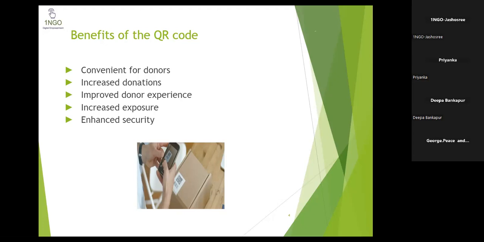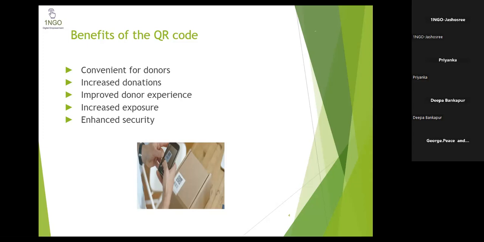Second one is increase the donation. How does it increase the donation? The process is very simple and very quick. We can understand very easily. More people are likely to take the time to make the contribution. If the process is easy, then donors can easily reach the NGO.